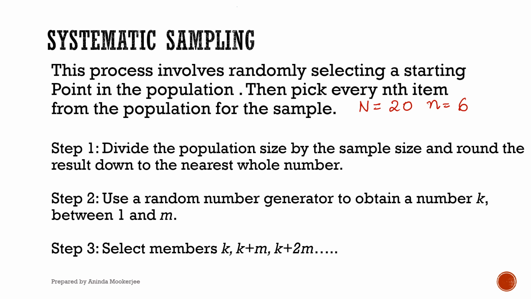So the first thing that I do is I number the names of the students in my class and arrange them in a systematic fashion in rows. So I'm going to write here 1, 2, 3, 4, 5, and then 6, 7, 8, 9, 10, and then 11, 12, 13, 14, 15, and finally 16, 17, 18, 19, 20.